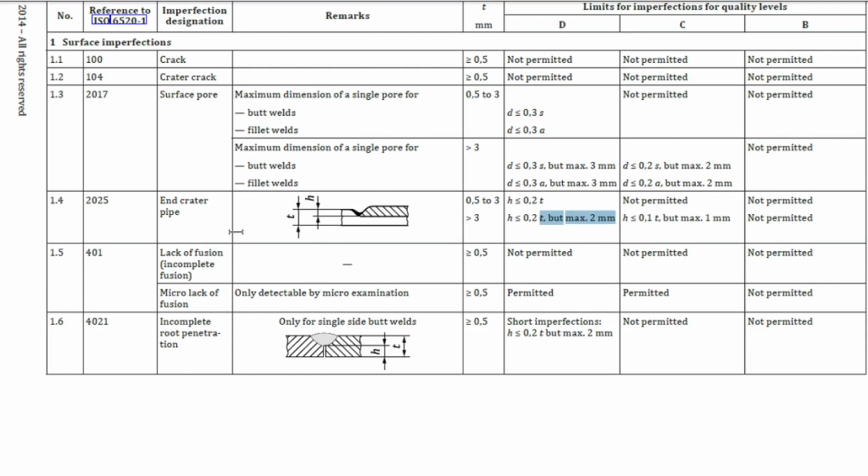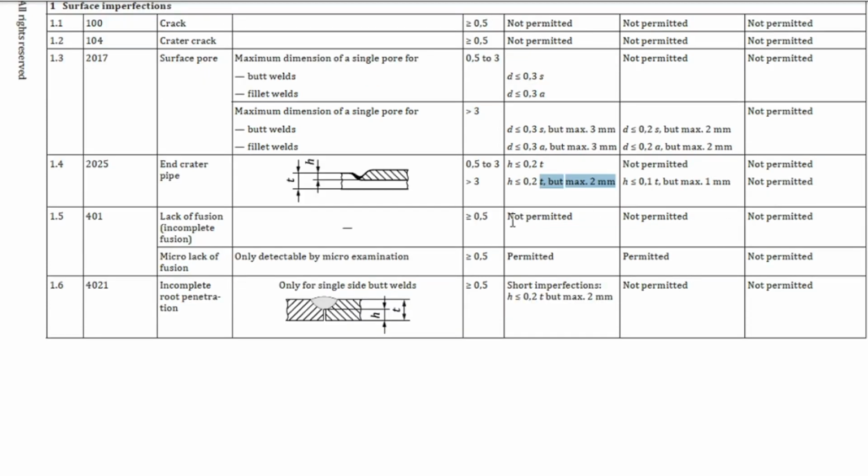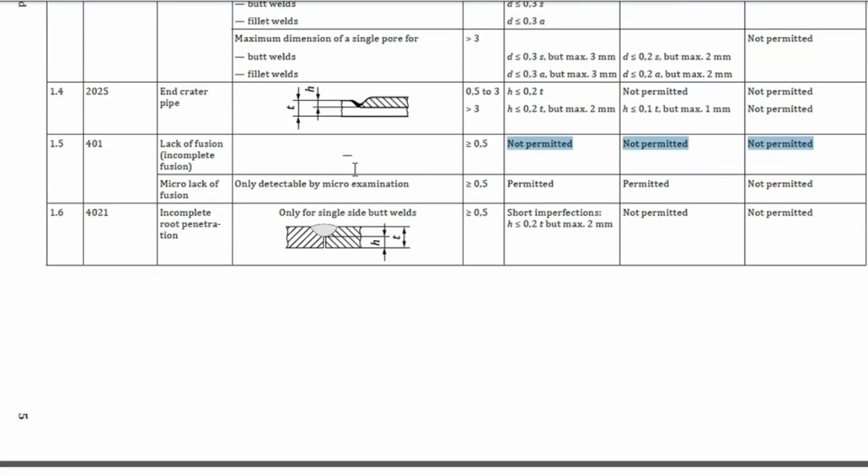Then we move to another defect, lack of fusion or incomplete fusion. For lack of fusion or incomplete fusion, with thickness greater than or equal to 0.5 mm, all quality levels are not permitted.